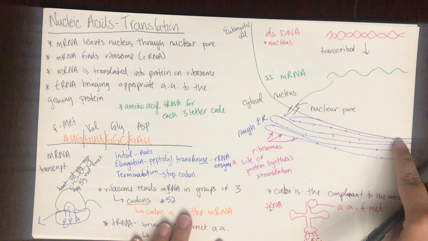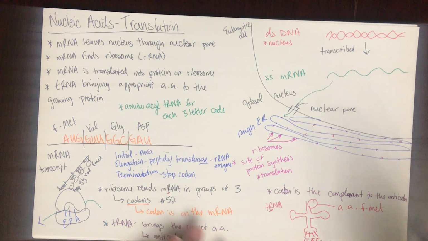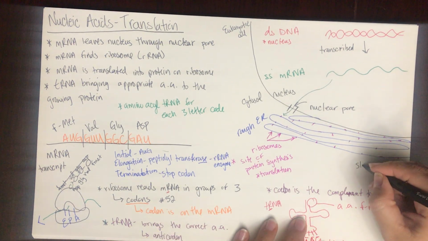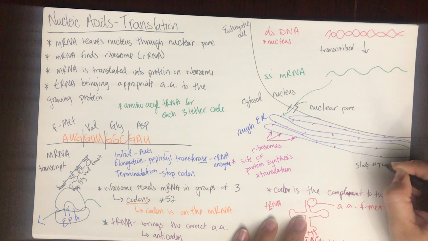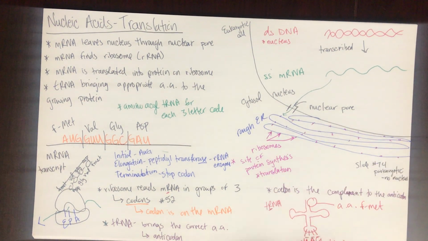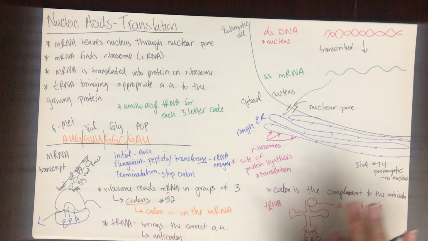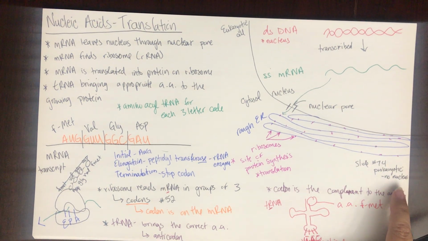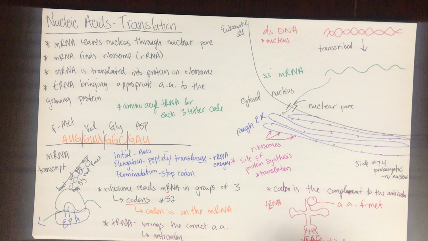That's what this line here is representing. On slide number 74, that would be a prokaryotic cell because there's no nucleus. If there's no nucleus, this whole thing is just happening continuously, all next to each other. The DNA next to the ribosome, and all of it is happening in one place. So you'll see all of that on slide number 74.